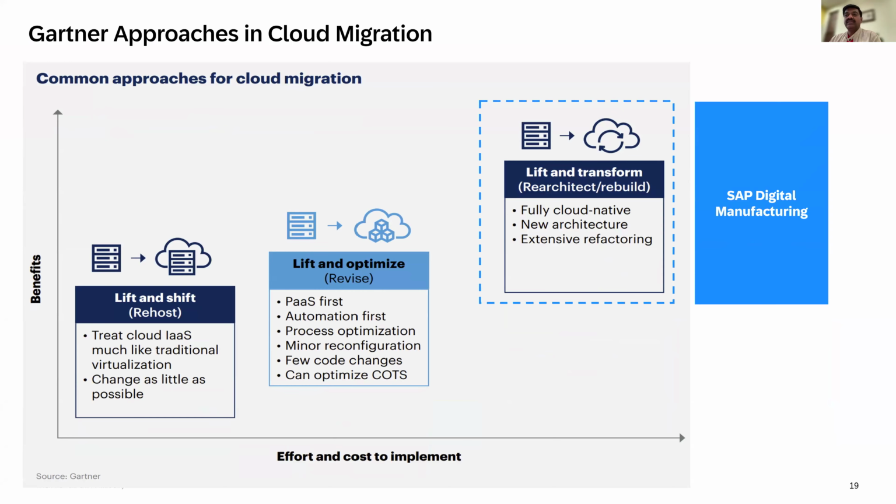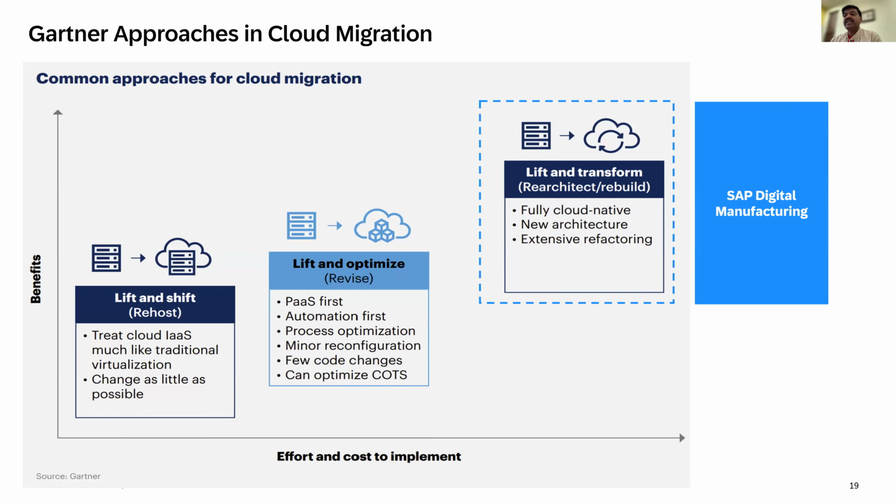This is the service available. The reason is, if you look at the approach for cloud migration, Gartner says three broad categories. One is lift and shift, another one is lift and optimize, another one is lift and transform. Lift and shift is typically you take your current app and solution and put it in a new infrastructure or cloud. Lift and optimize is you change some of your process and function features which may not be working today.